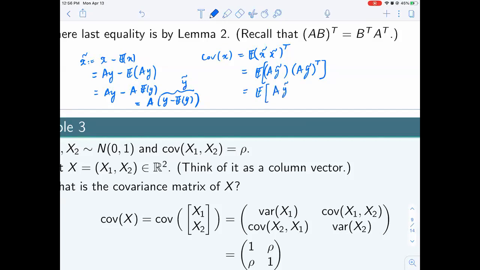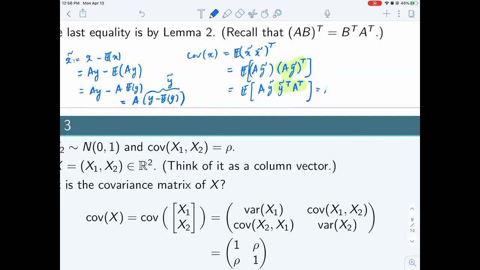So when you transpose a product, things get reversed. So that's what we get here. And this gives me A times expectation of y tilde y tilde transpose A transpose.